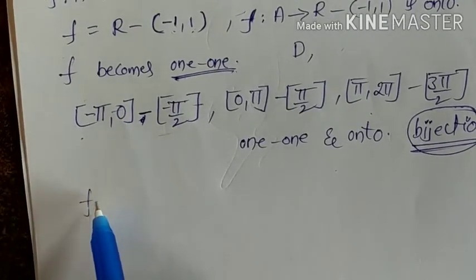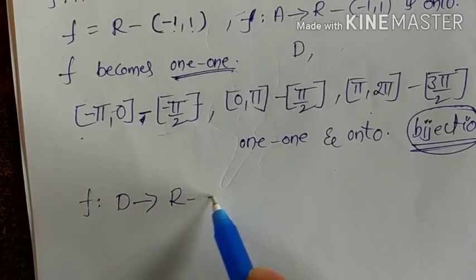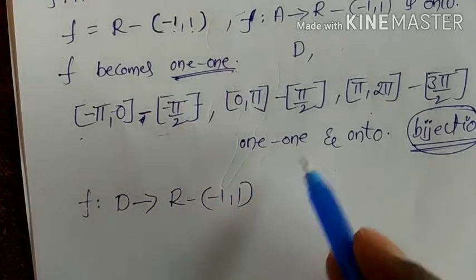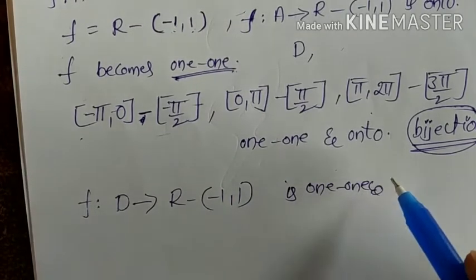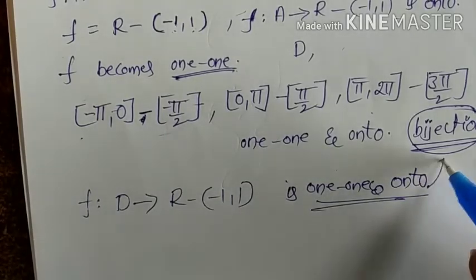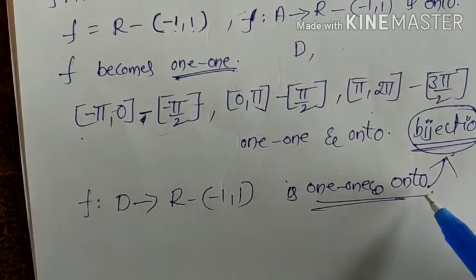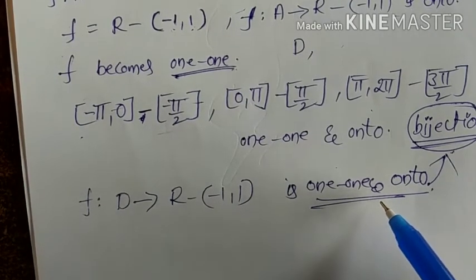So here the function f from domain to R minus (minus 1, 1) is one-one and onto, so it satisfies the bijective function. So already you know that when it is a bijective function, we can easily find the inverse of the function.